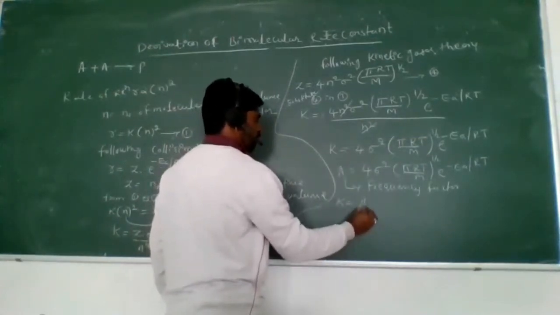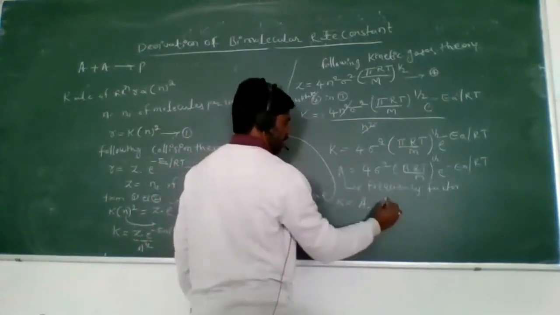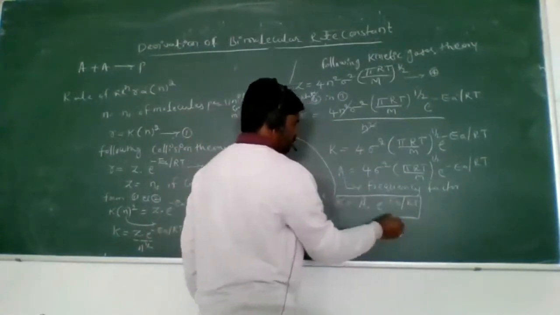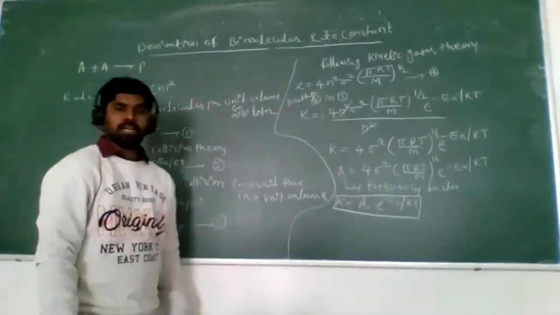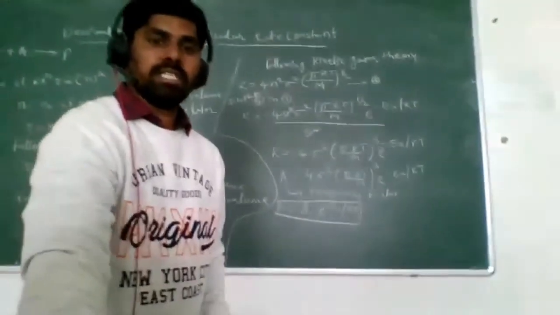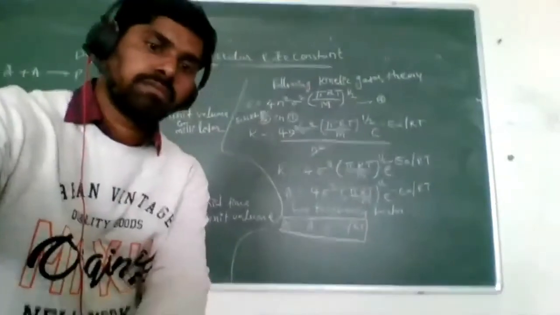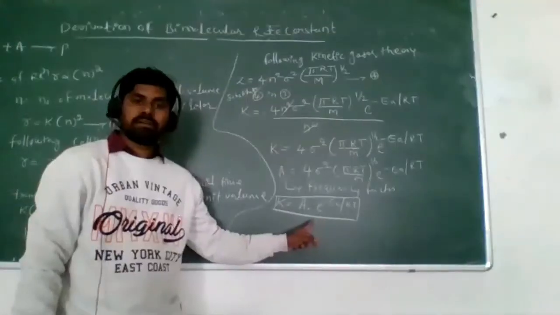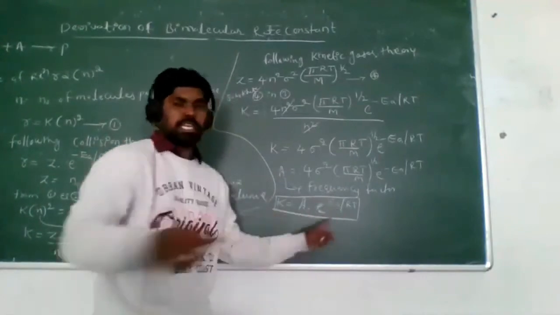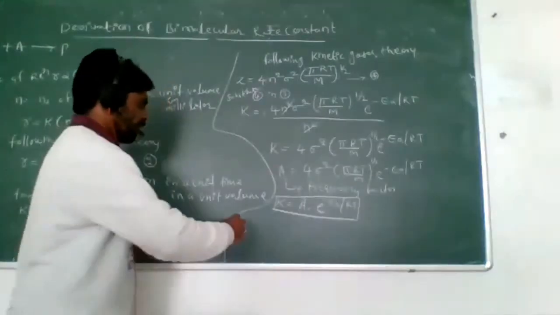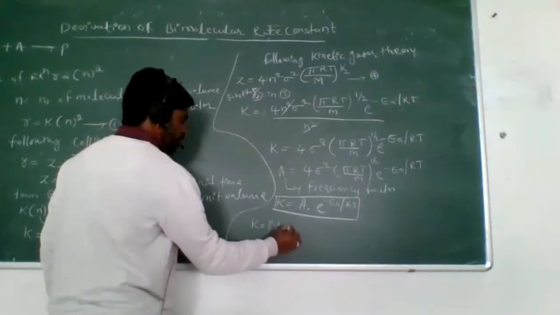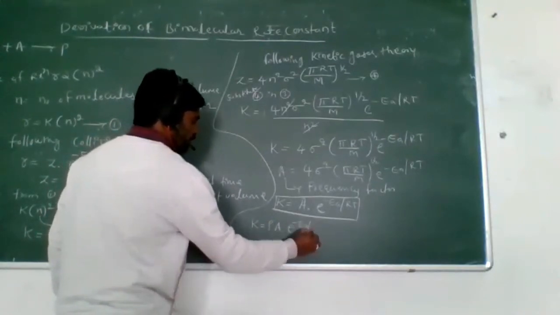So k equals A into e power of minus Ea by RT.